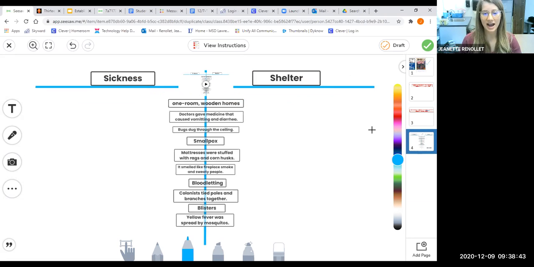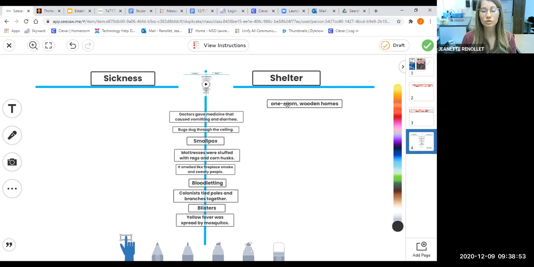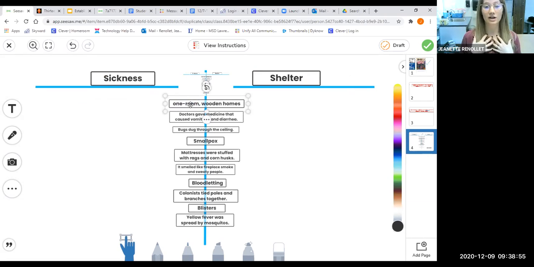Your next task on slide 4 is just what Mr. McKinney did. You are going to sort these words into two categories. Our categories are sickness or shelter. There are lots of words on here that you may not know.